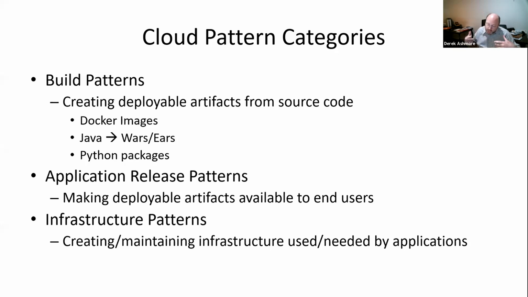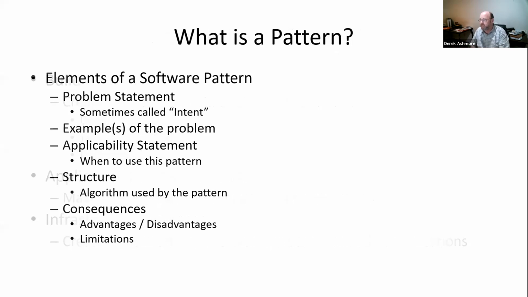I'm not going to talk as much about those either, but I am going to talk about application release patterns, which I define as making deployable artifacts available to end users. In other words, taking my application and putting it somewhere so that end users can actually use it. And that's how I'm breaking that down.